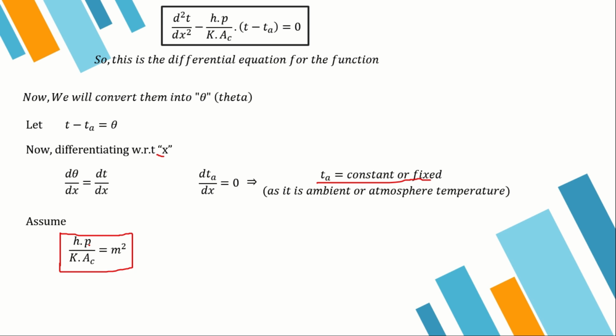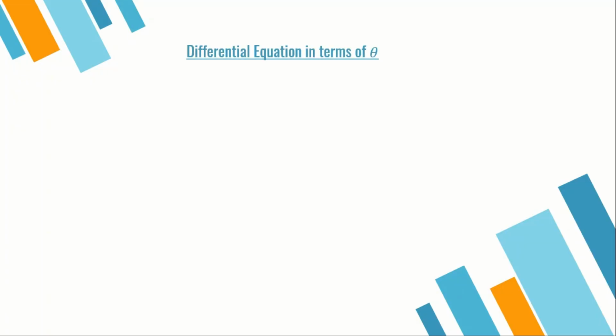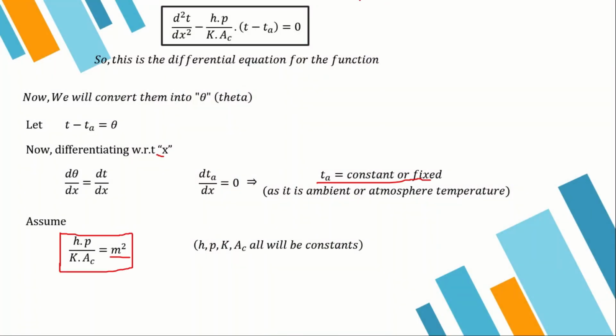So all of these are constant and we will let these be m square, another constant, to make the equation simpler. We will now convert the previous differential equation into theta. We have to remember that T minus Ta is equal to theta.